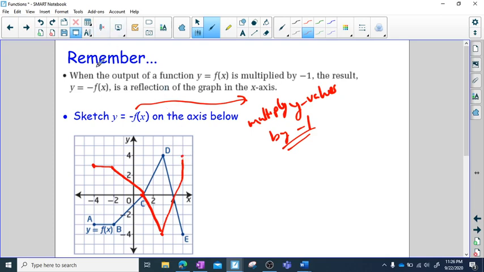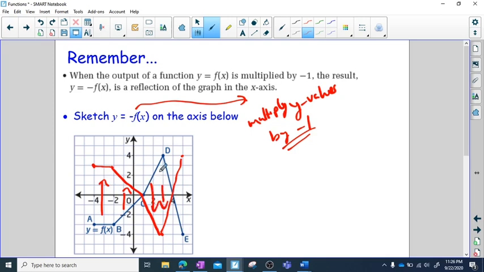That should be a straight line, but it's a little hard to do with this stylus. Let me try to draw that again. There, to there, to there. It's a little better. Okay, if you look at these two graphs, the red one is a reflection in the x-axis.